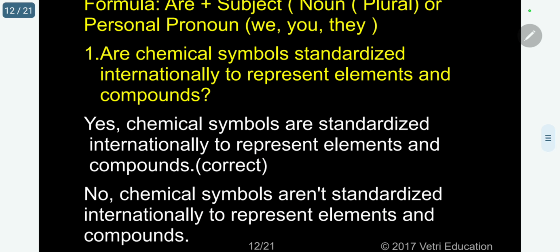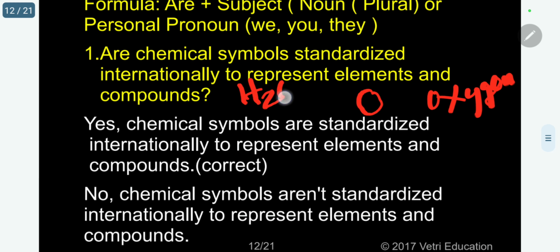For example, the chemical symbol O is for oxygen, an element. And for a compound, the chemical symbol for water is H2O. Now I hope you understand that.